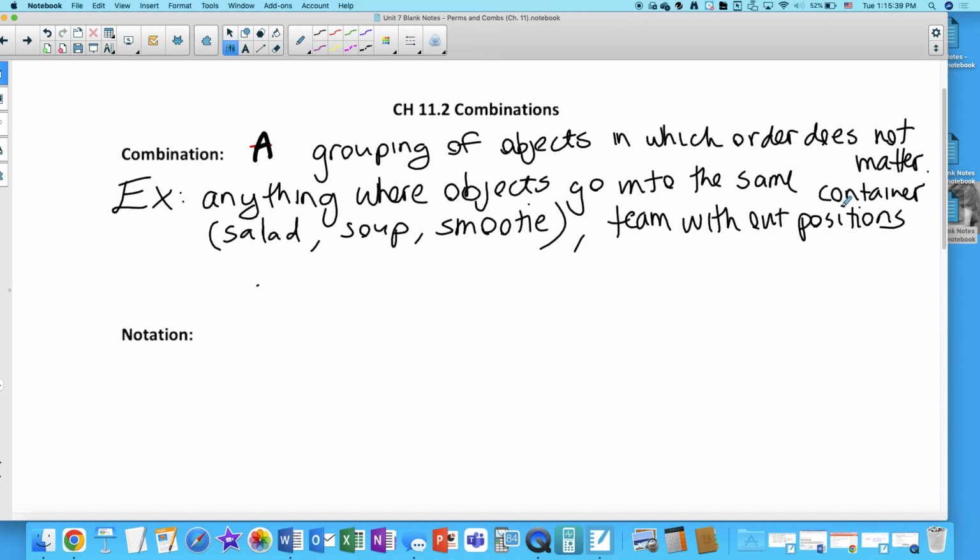If we look at, for example, the letters A, B, C. Okay. And Scrabble is a really great way of thinking about the difference. There are 6 different arrangements of those letters. So there are 6 permutations.